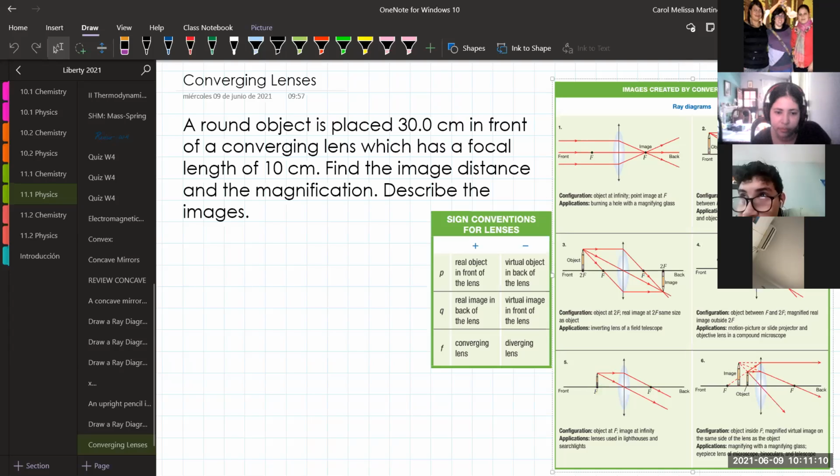So the first thing that we need to work is with the equations. And let's see, what is the information given in this problem? It says that the object is placed 30 centimeters in front of a converging lens. Okay, so we start by writing the data.